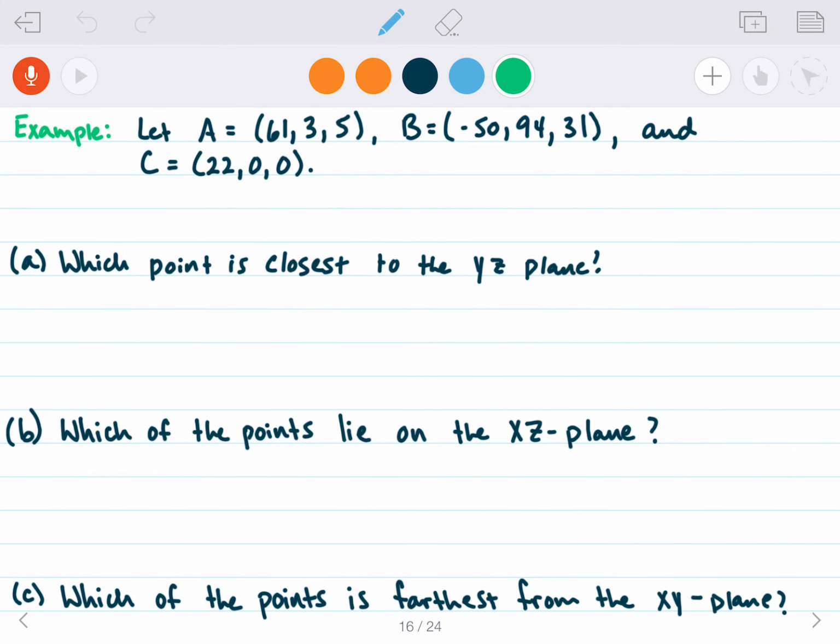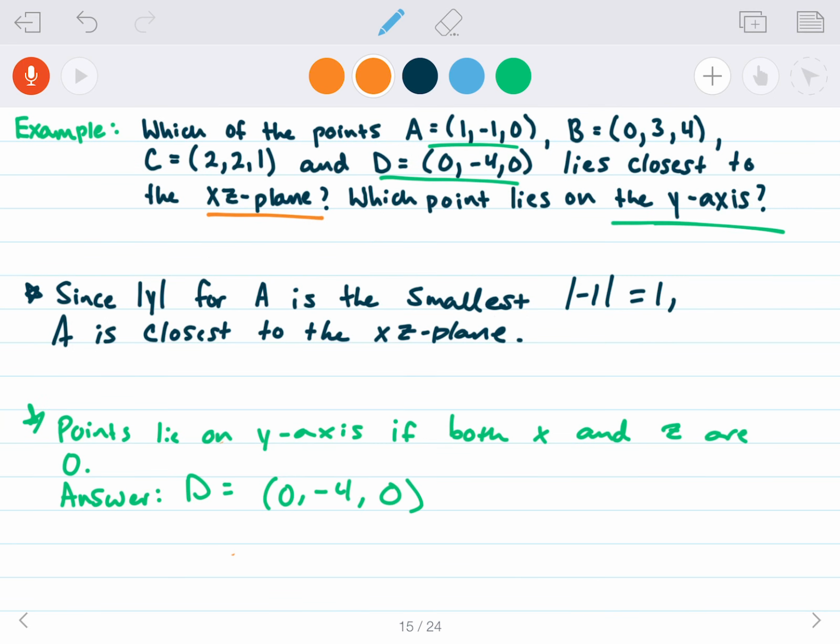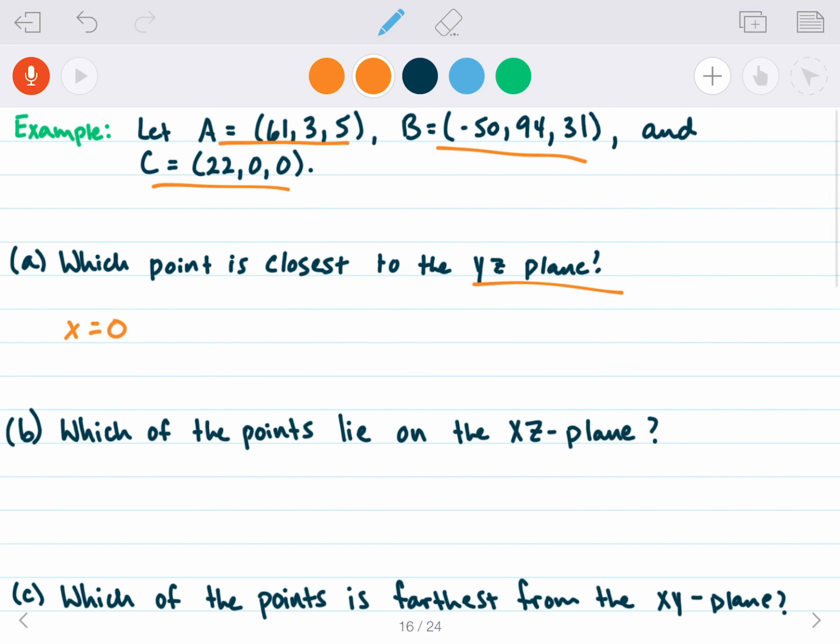Moving on. So we have 3 points, and we're being asked some questions. Which point is closest to the YZ plane? So the YZ plane is when x is 0, right? And so just like before, when we were looking at the XZ plane, that depended on y distance, this time we're going to be looking at x distance.